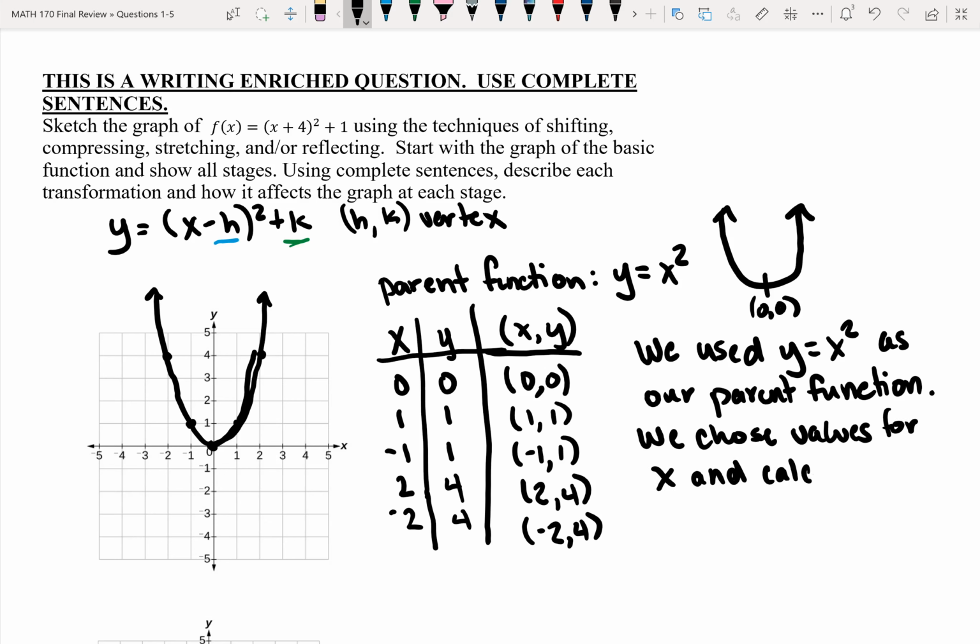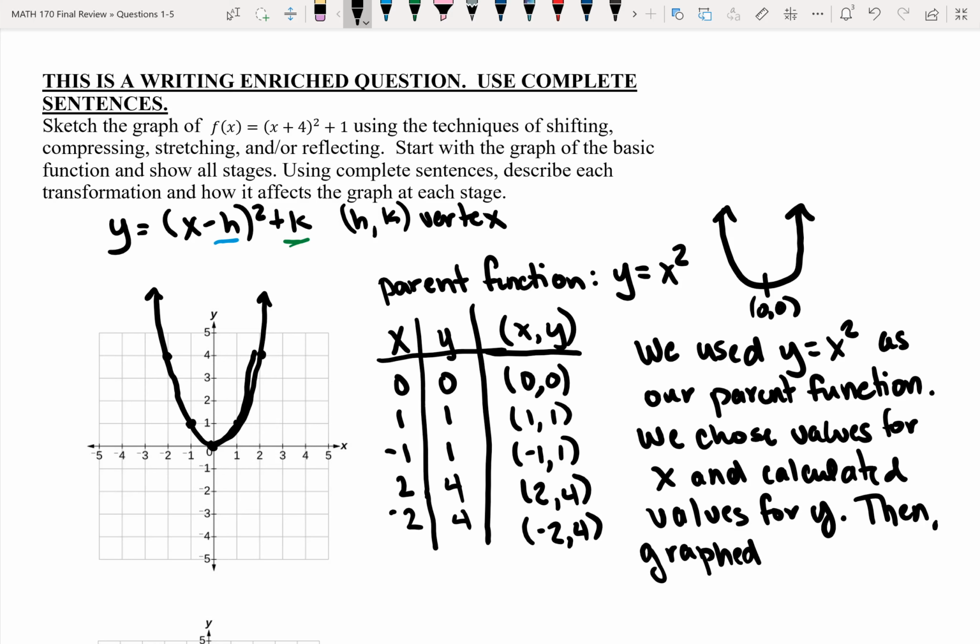Then graphed each point and connected them. Okay, if I'm writing incomplete sentences, I should put the word "and." Okay, so that's our first stage.